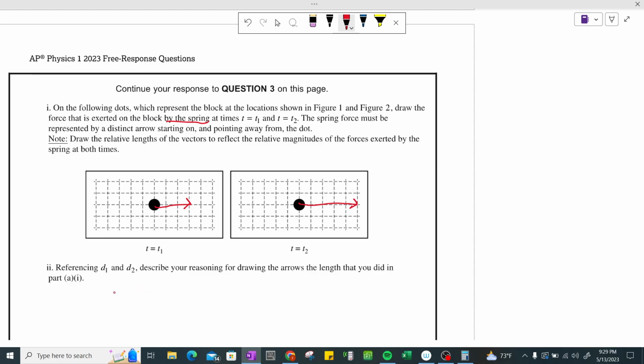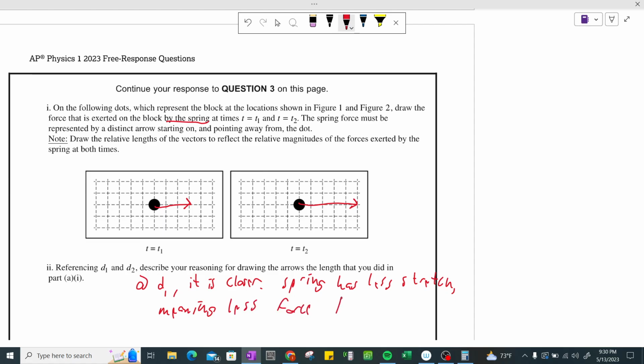So referencing d1 and d2, we could say that at d1, it is closer, so the spring has less stretch, meaning less force.